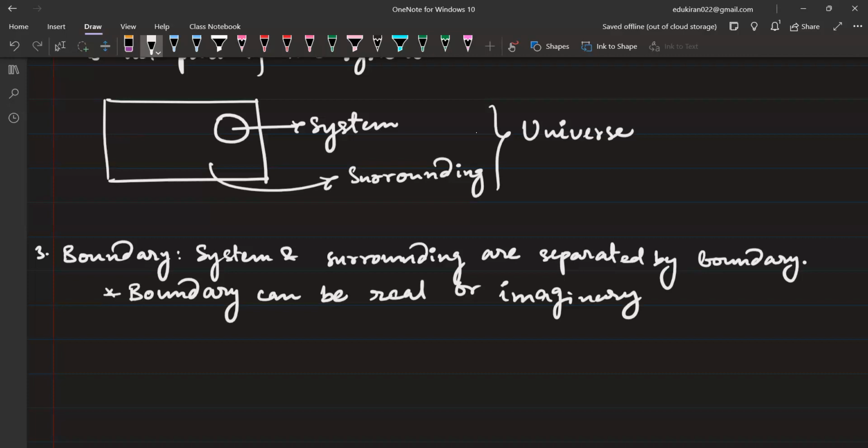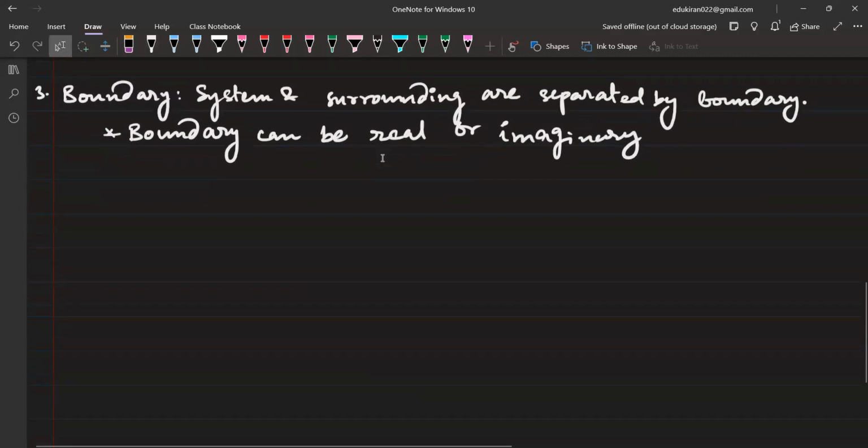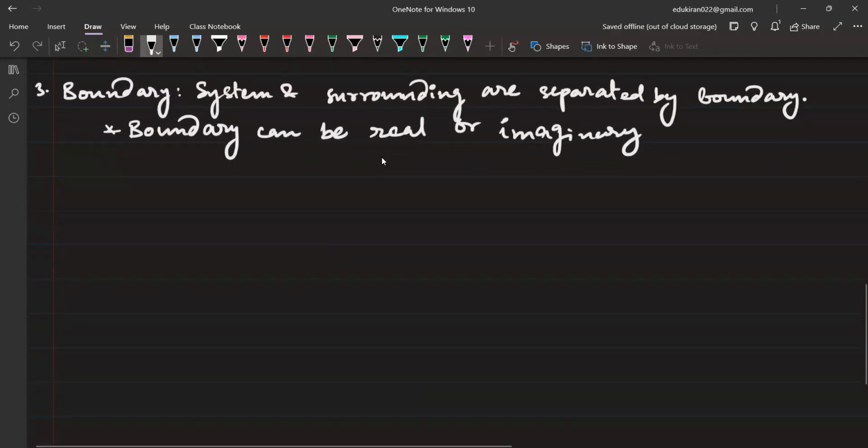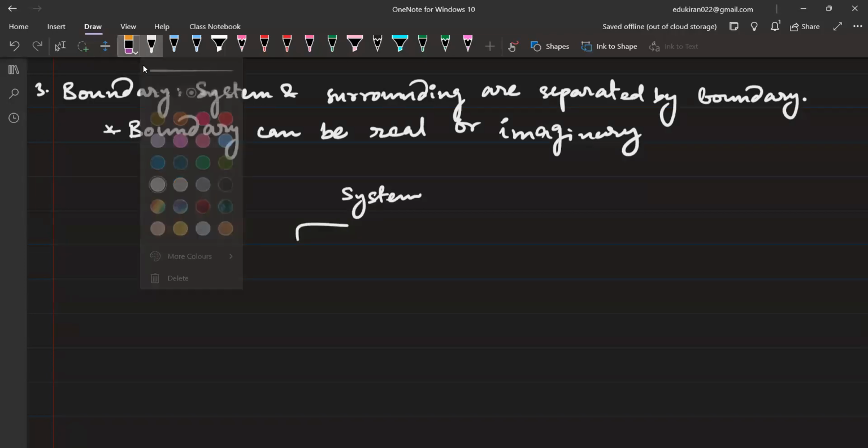ठीक है. Now, when we talk about boundary, on the basis of different types of boundary, we can have different types of system also. System now can be classified on the basis of the boundary that we are having. So system को तीन कैटेगरी में classify किया जा सकता है if I classify it with respect to the boundary that we are having.